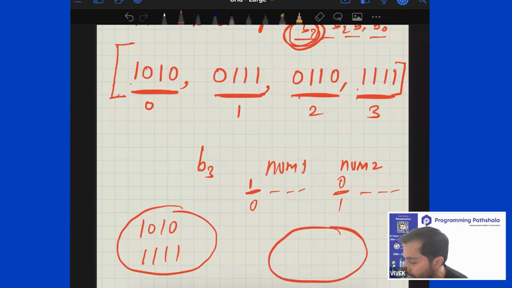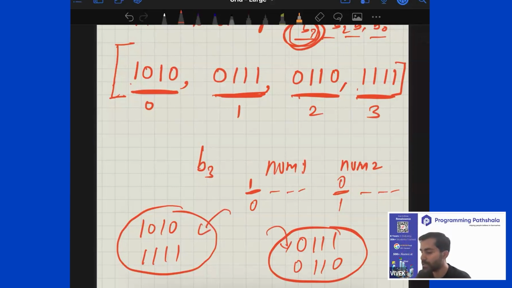And there is another collection of numbers where the third bit is off, which is this and that. If I pick any one number from here and another from here, the third bit will contribute. Can I say that? Yes or no? Of course, because any number picked from here will have the third bit as 1, and any number picked from here will have the third bit as 0, right? So when you take their Hamming distance, you will find the third bit to be different, and that will contribute to the overall Hamming distance.